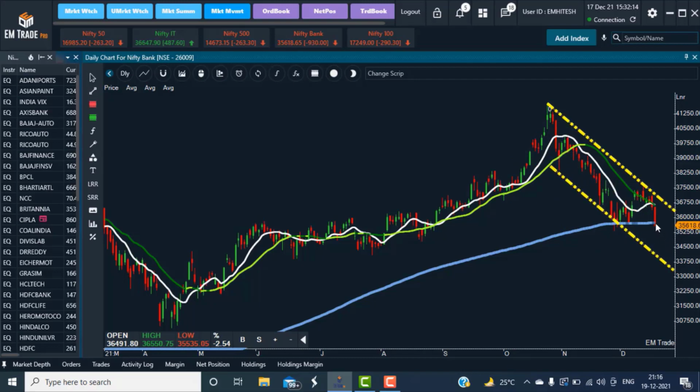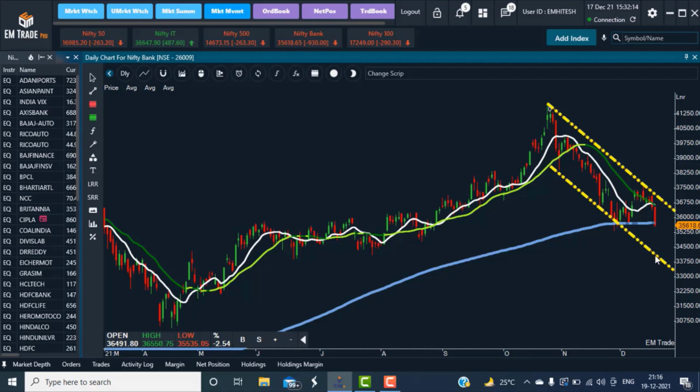So once it has closed below the 200-day, we can visibly see that it has broken the 200-day moving average. Whether it will whipsaw, which means it will do to-and-fro movement from here, or straight on decline to the lower end of the channel, the projection comes to anywhere around 33,700 to 33,500 odd levels.